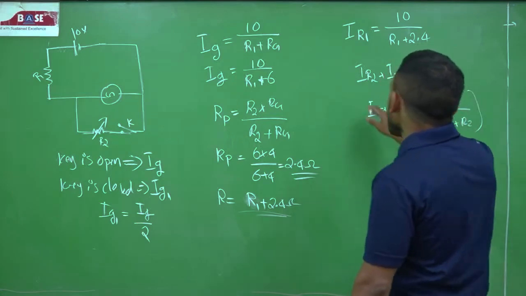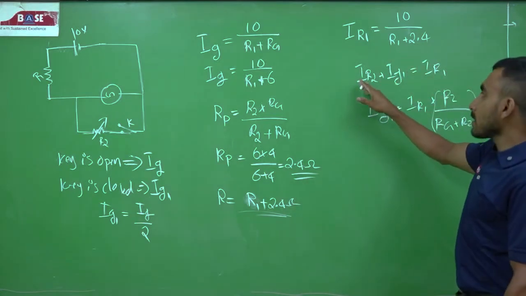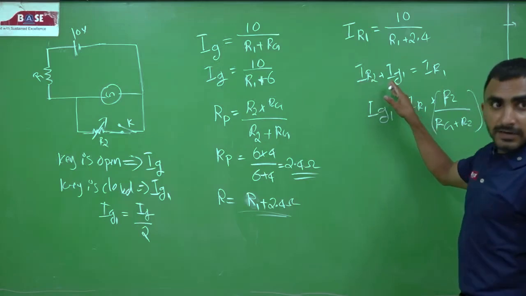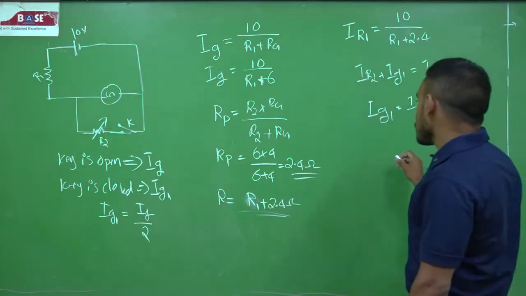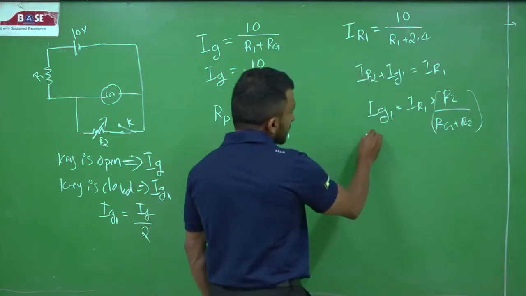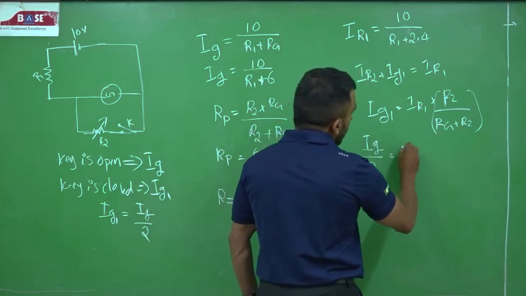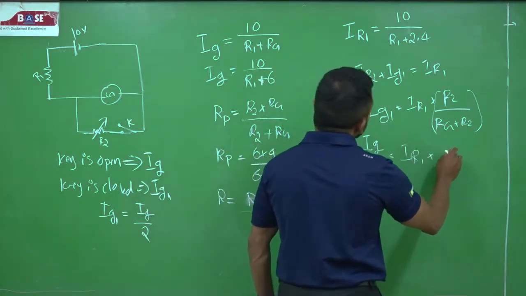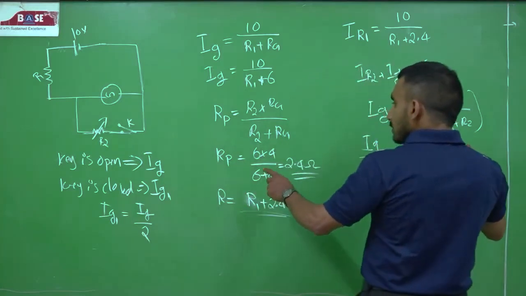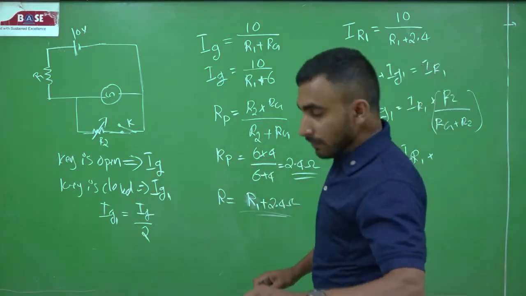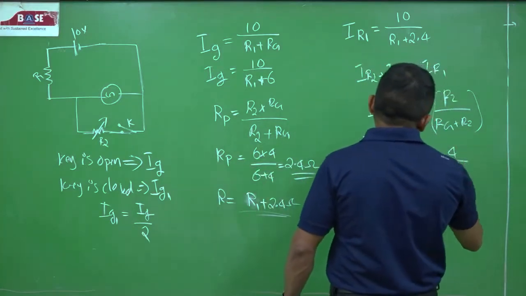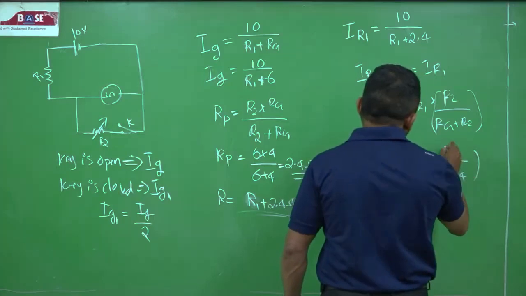You can convert this IR2 in terms of Ig1, then you can get this relation. So Ig1 is nothing but Ig by 2, which equals IR1 into R2 divided by 6 plus 4, where R2 is 4 ohm.